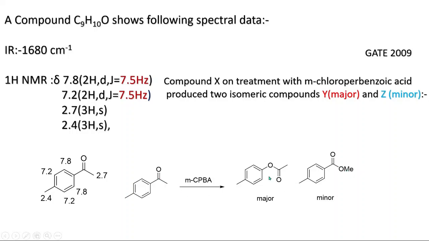So we have 2 options. As we know, the migrating aptitude of the phenyl ring is higher than methyl, that is, the electron density of the phenyl ring is much greater than the CH3 group. So the oxygen will be added on that side. If you see the mechanism of MCPBA, you will get this as the major product, and this will be the minor.